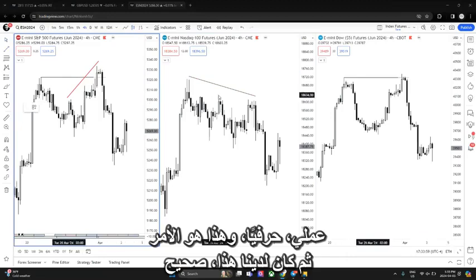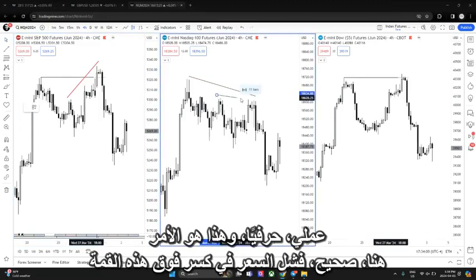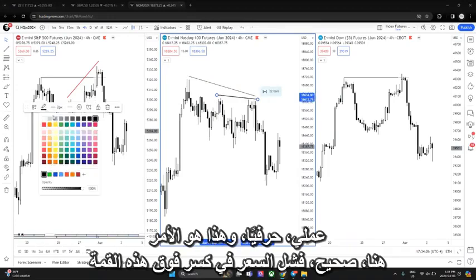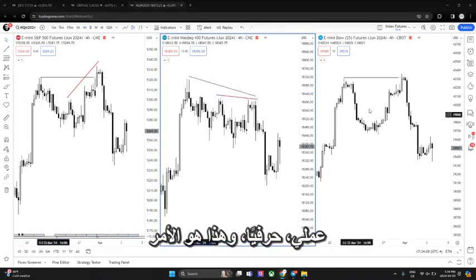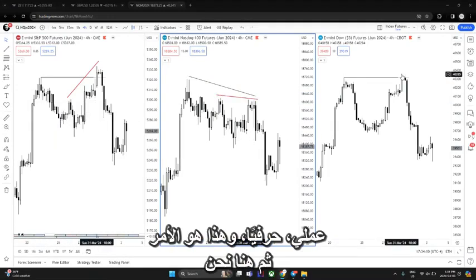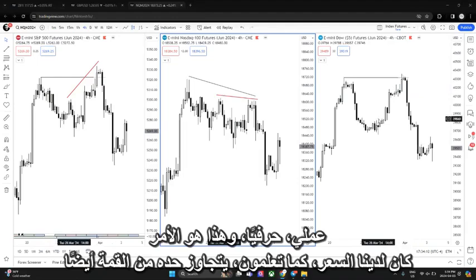And then we had this right here, price failing to break above this high. Then here we had price overextending from the high as well.